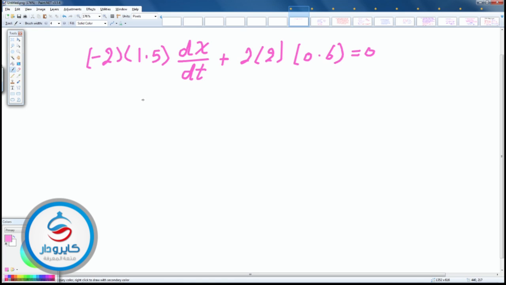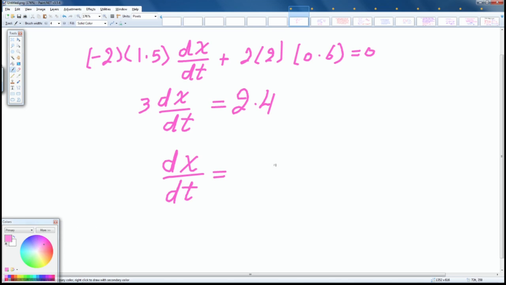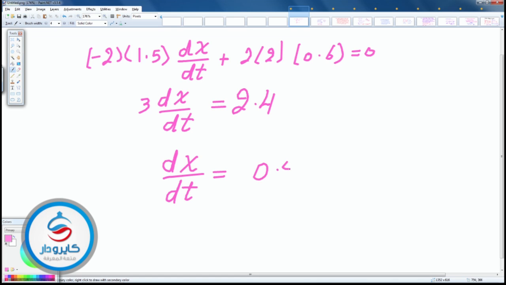That means 3 dx over dt equals 2.4, then dx over dt will be 0.8 meter per second, and this is the answer.